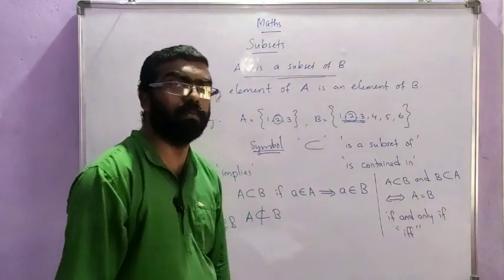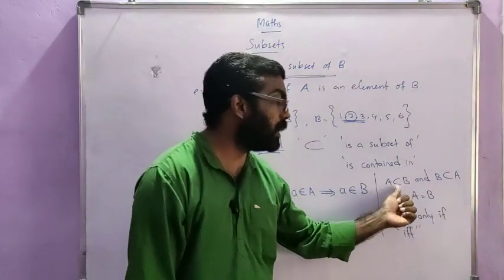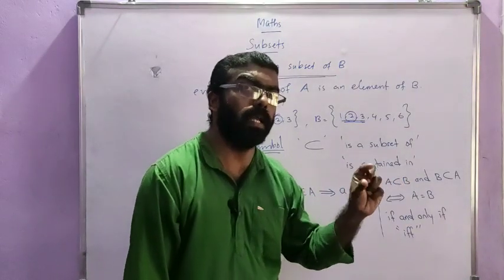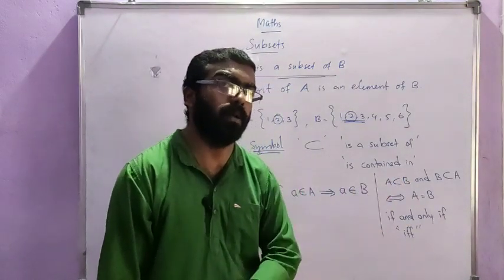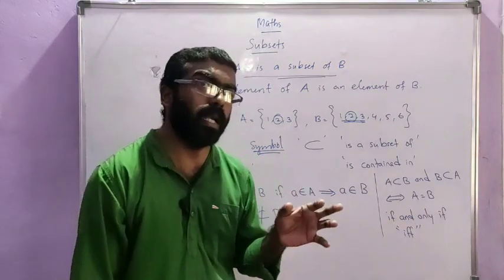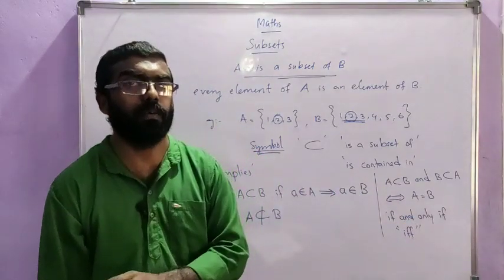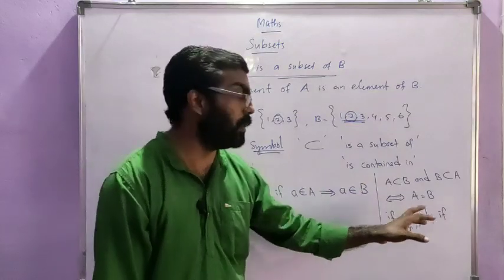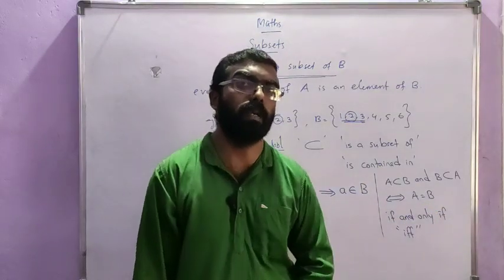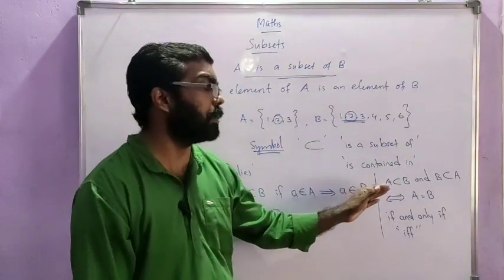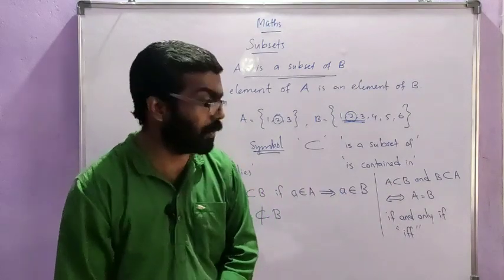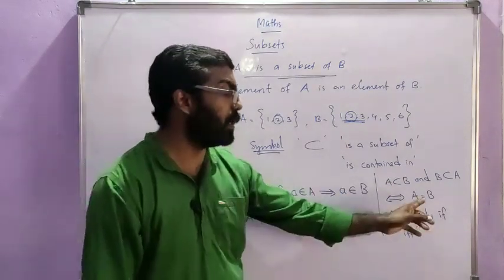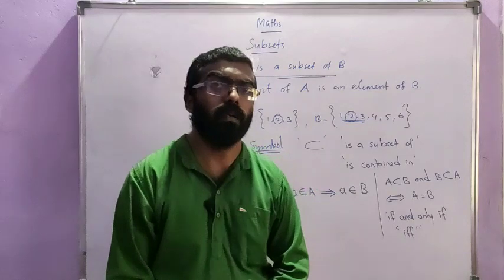So A is a subset of B means every element of A is an element of B, and at the same time every element of B is an element of A. Then in that situation, A must be equal to B. Clear?